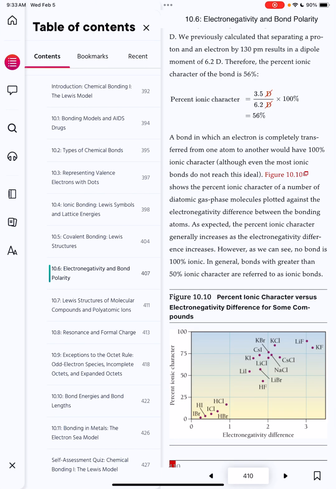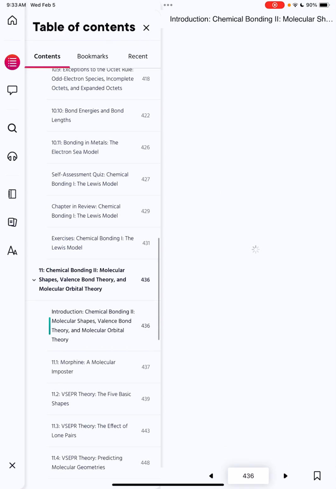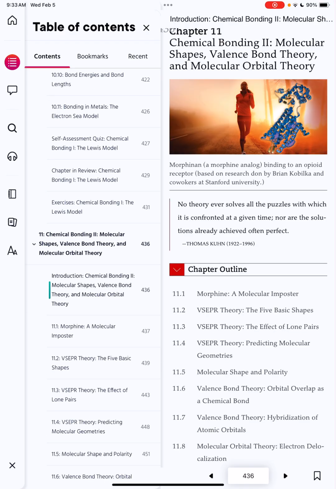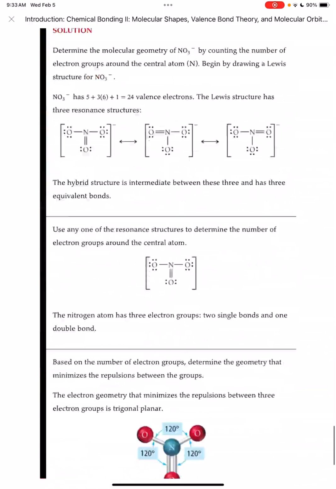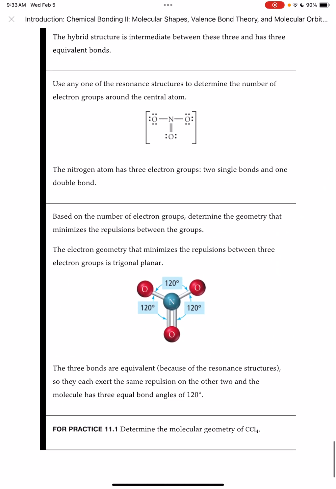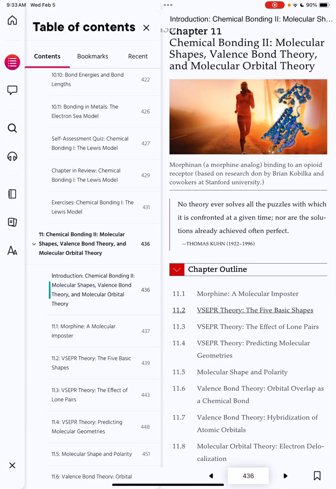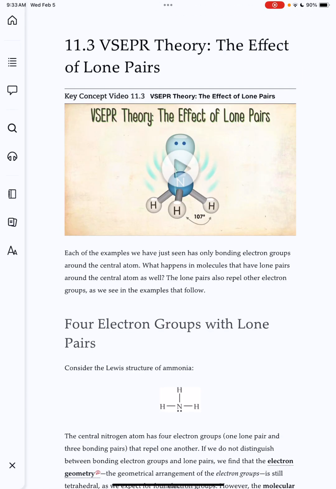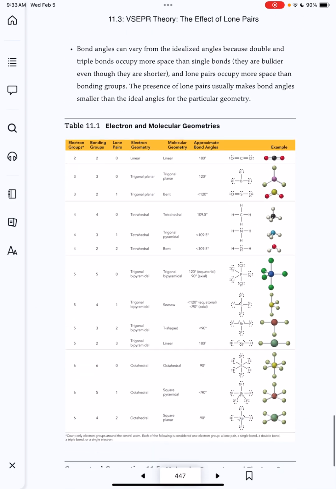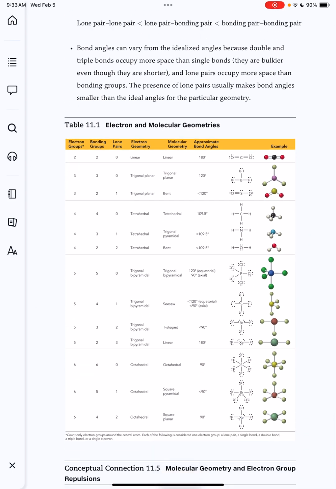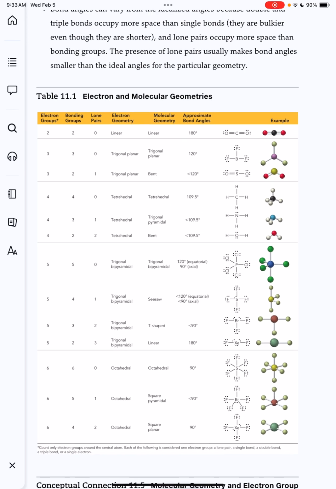Okay, so chapter 11 should be at the bottom here. It's probably in the next section. Yep. Tell you what, let's just do it this way. It'll go faster. Okay. There we go. So there is the complete table 11.1. You can find this in section 11.2.